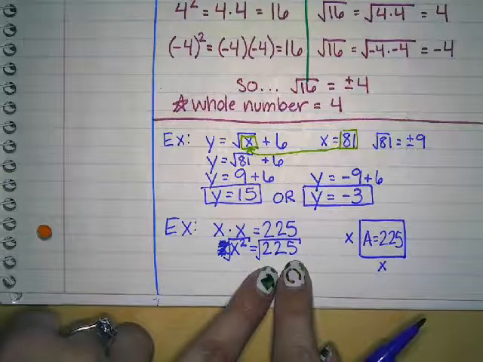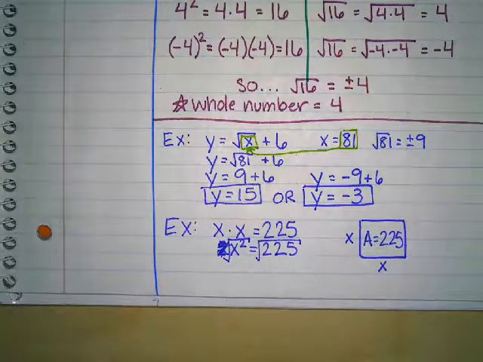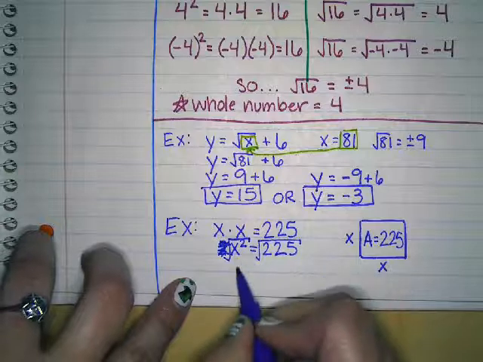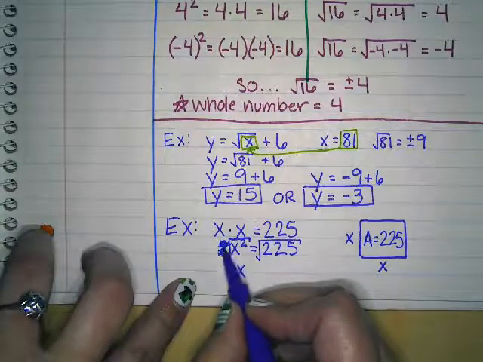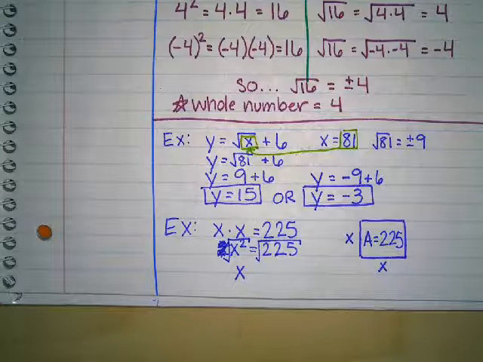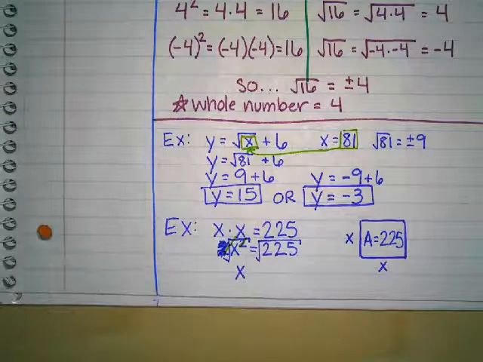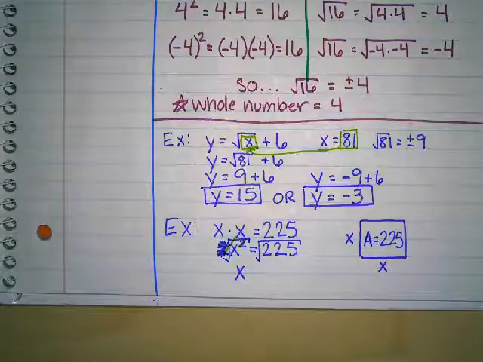So we're going to take the square root of 225 on this side. So now we're left with x because the square root and the square cancel each other out, just like when we're doing equations and multiplication cancels out division or addition cancels out subtraction.